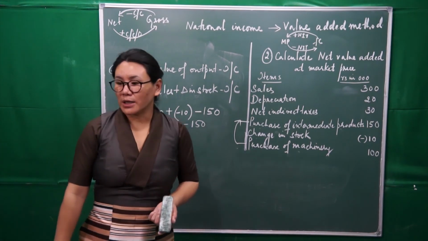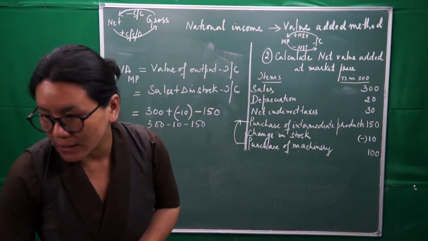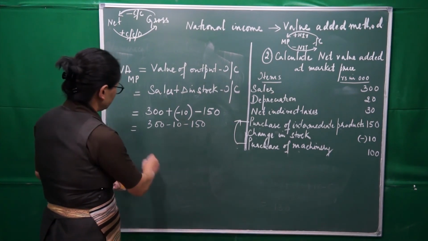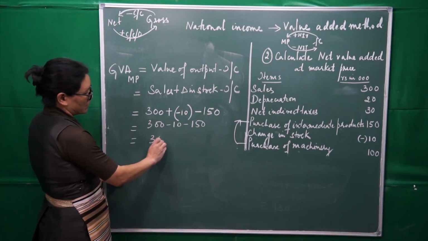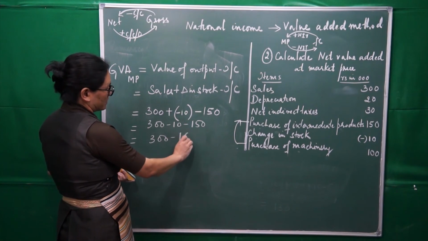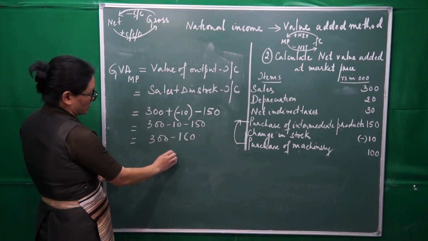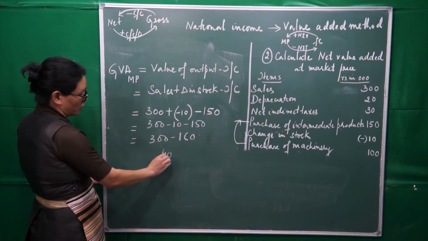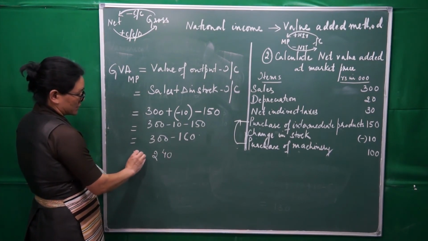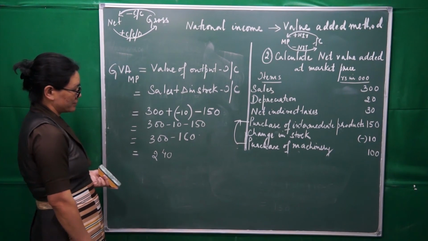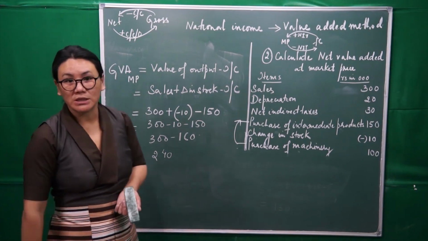So 300 minus 160 gives 140. Is it 140 here?